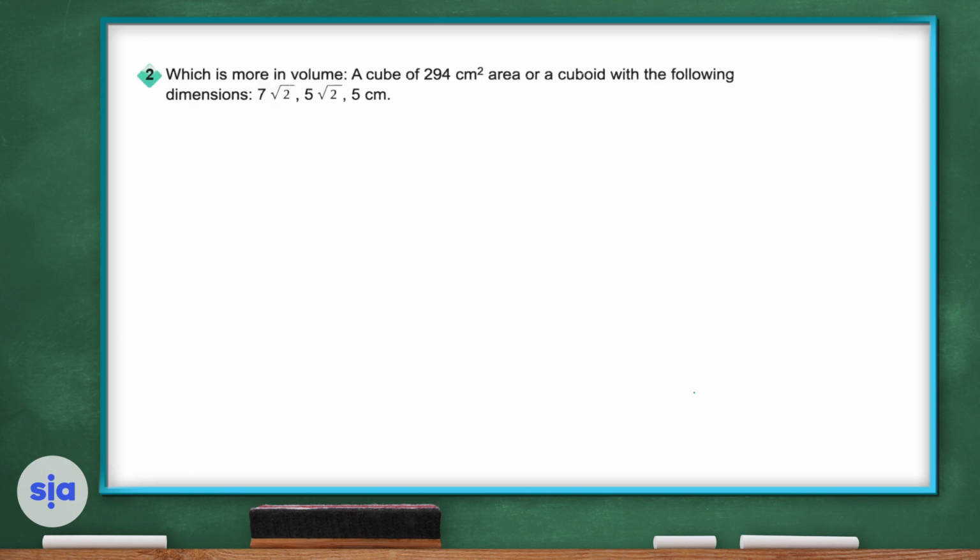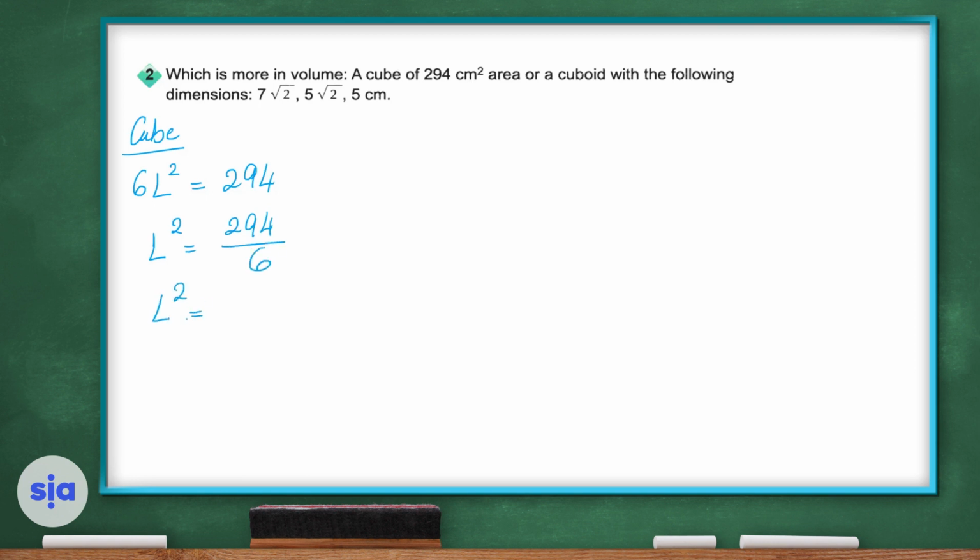Question 2. Which is more in volume? A cube of 294 centimeters squared of area, or a cuboid with the following dimensions? So let's now work on the cube first. In the cube, if the area is 294, then 6L squared equals 294. Then L squared equals 294 divided by 6.